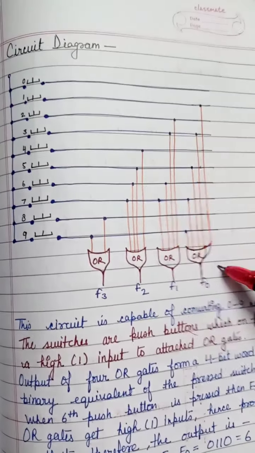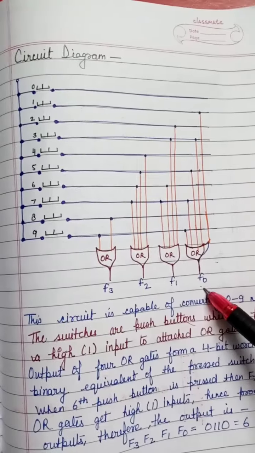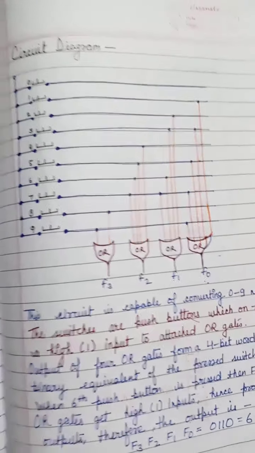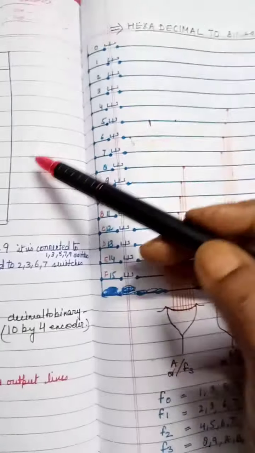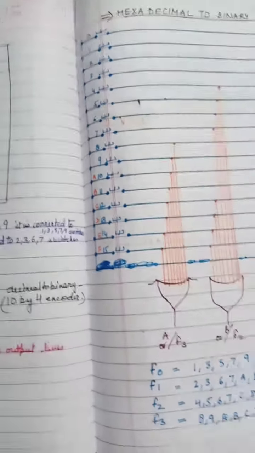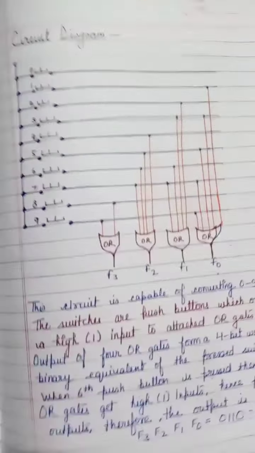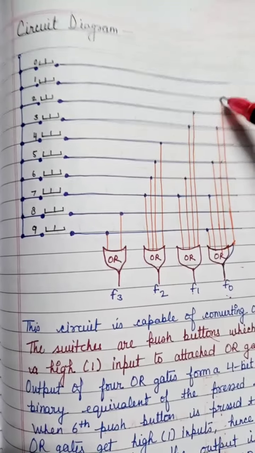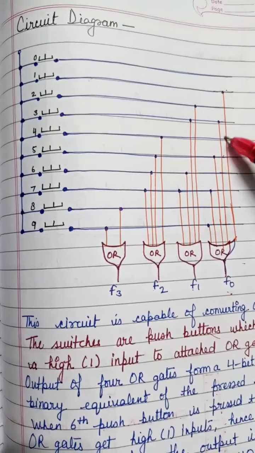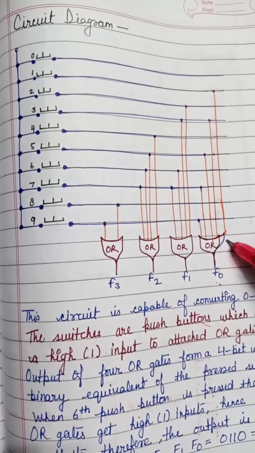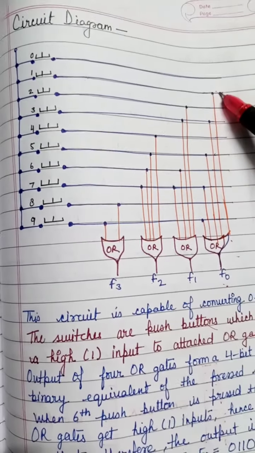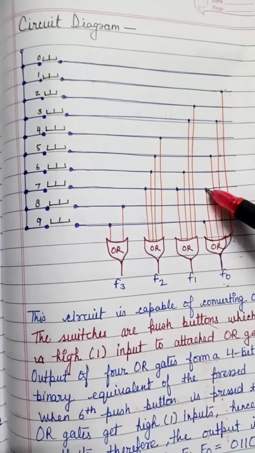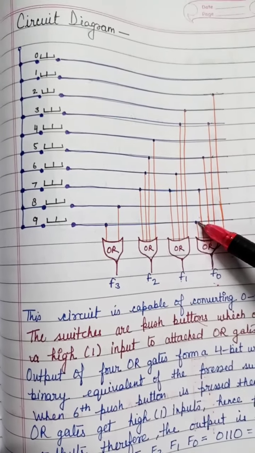Now I told you F3, F2, F1, F0. We were getting 1 where? 1 in 1, 3, 5, 7, 9. So from input line 1, you will draw a line to this. 1 from 1, from 3, from 5, from 7 and from 9.